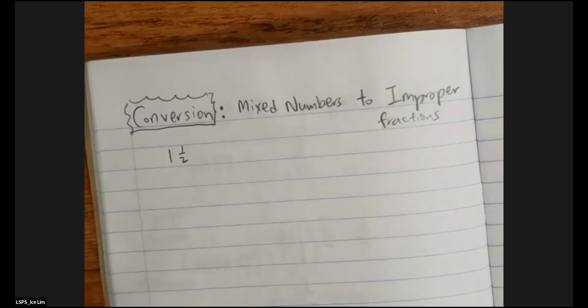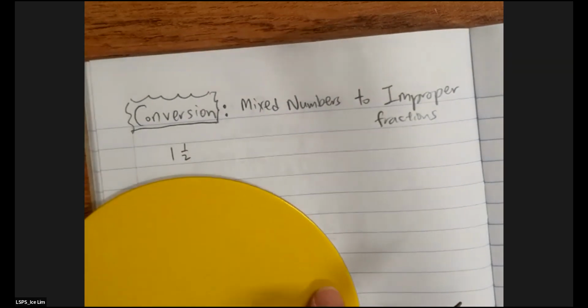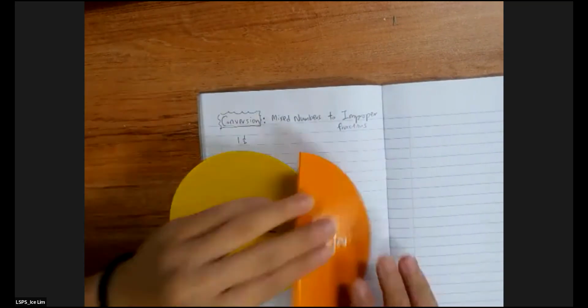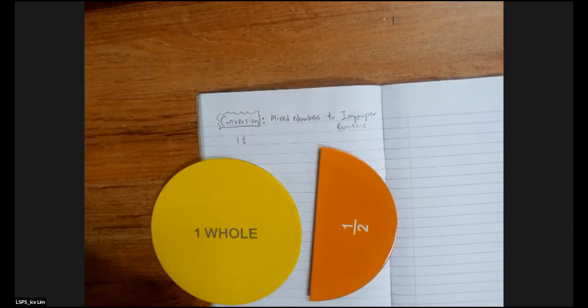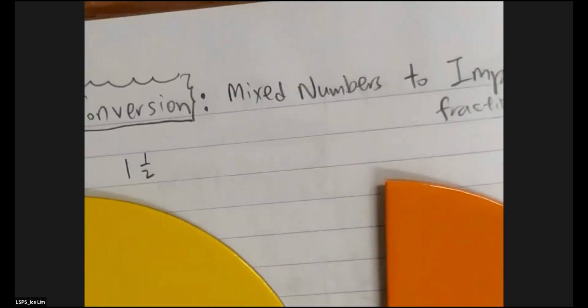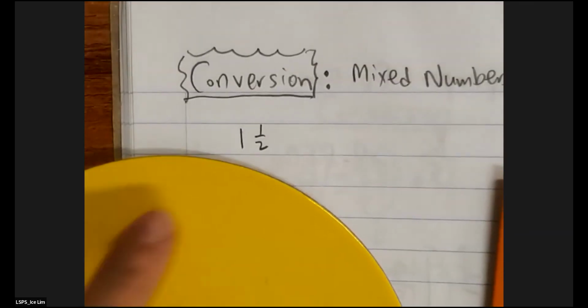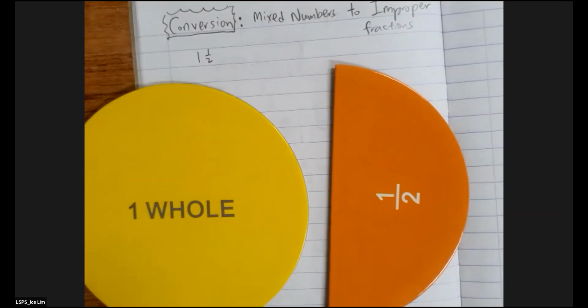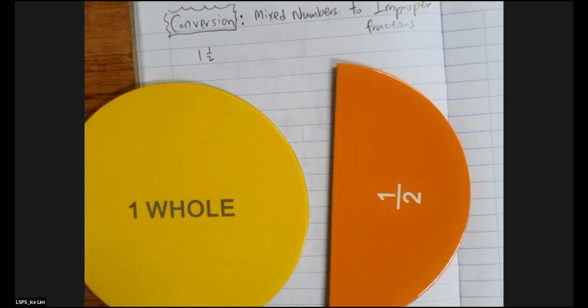This means I have a whole and then I have a half. That is what this mixed number represents. A whole and a half. 1 1/2.